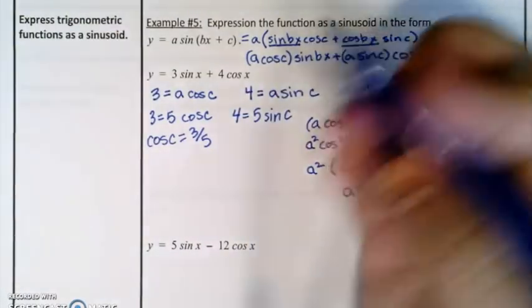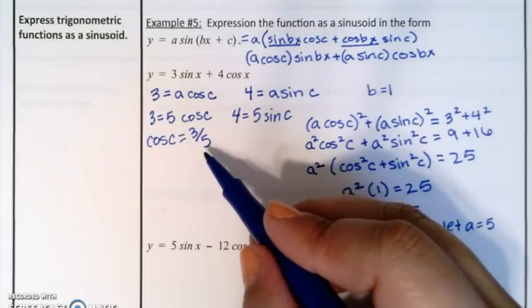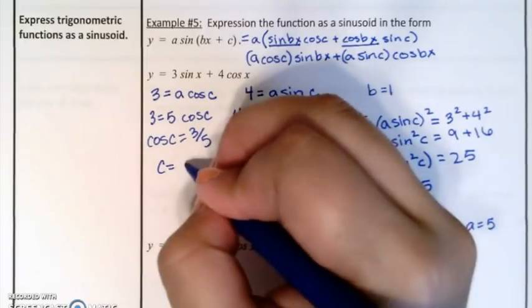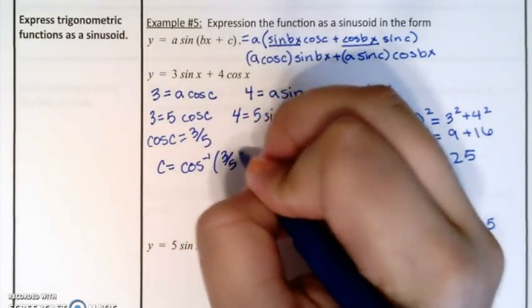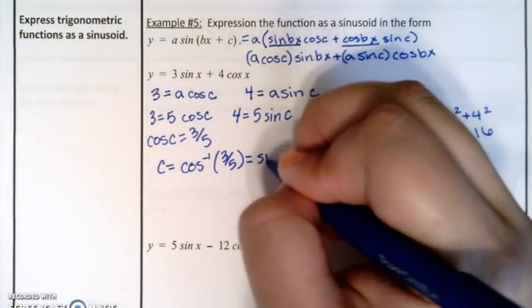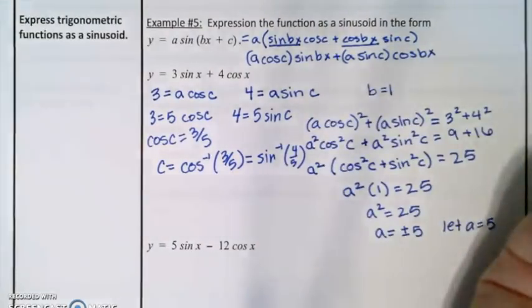Now we don't know what value of c will give us a cosine value of 3/5, so we can use the inverse function. And we can say that c is equal to cosine inverse of 3/5. It would also be equal to sine inverse of 4/5 if we had calculated it that way.